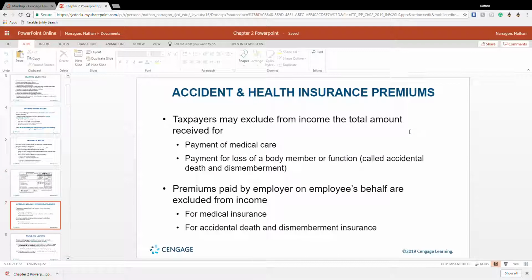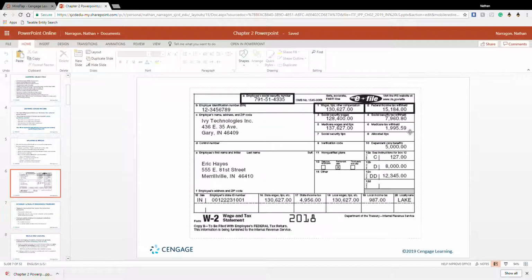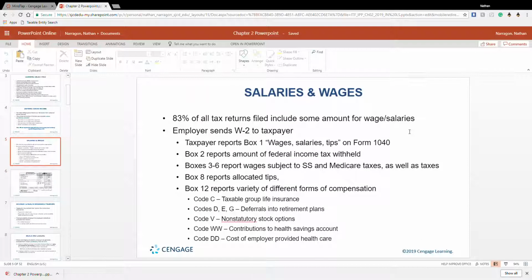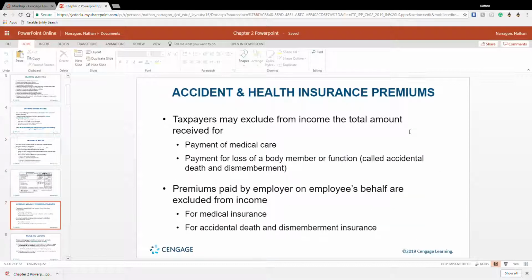Now, one of the things that is excluded that we're getting into, so this is our main culprit on gross income. Again, there's a lot more that we'll get into as the course provides, but we're also going to be dealing with these exclusions.